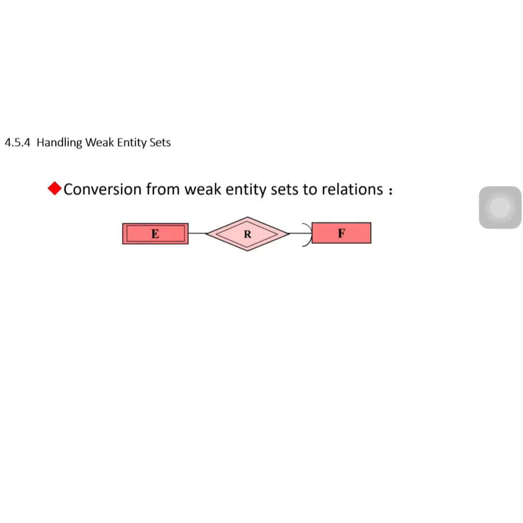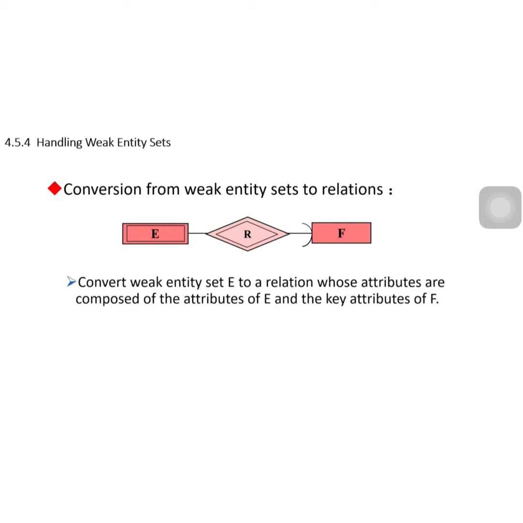From the former example, we already know how to handle a weak entity set. If we want to convert a weak entity set, we'll convert R to a relation whose attributes are composed of the attributes of E and the key of F. We cannot convert R to a relation.